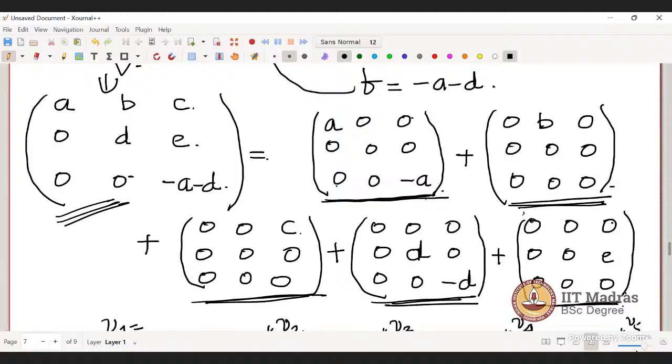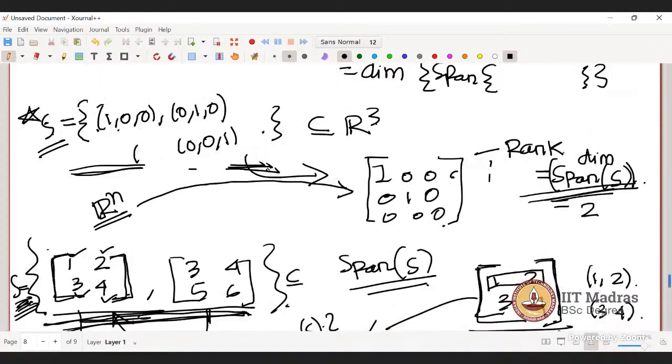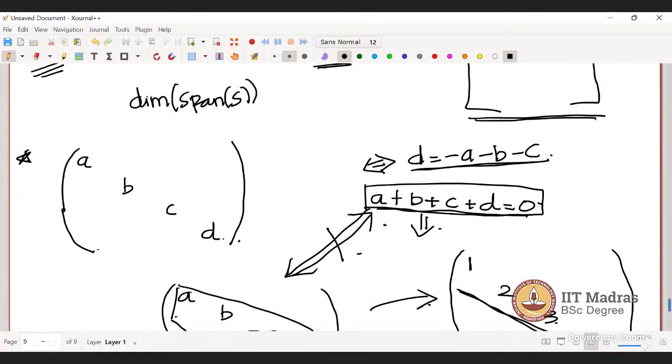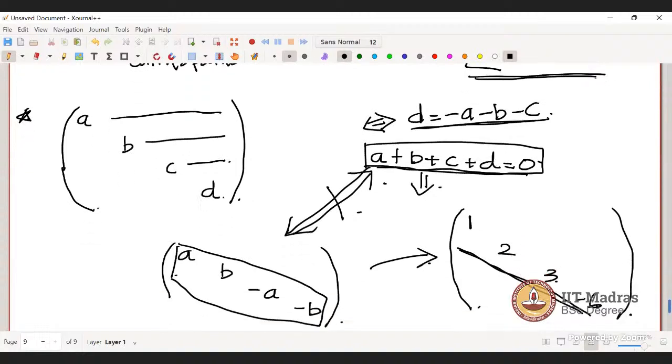Similarly, here you will have a similar kind of thing. Could you write this matrix in that form?